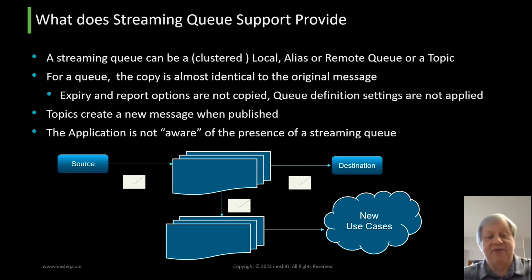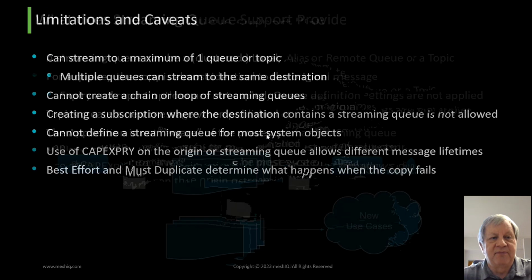Topics, on the other hand, because of just the nature of topics, they create a new message when it's published. So it's not a copy of the original, but the data and everything else is the original. And certainly the goal of this is that the applications are not aware that there's a streaming queue even involved, right? So that's certainly our goal. So that's part of the value of the streaming queues.